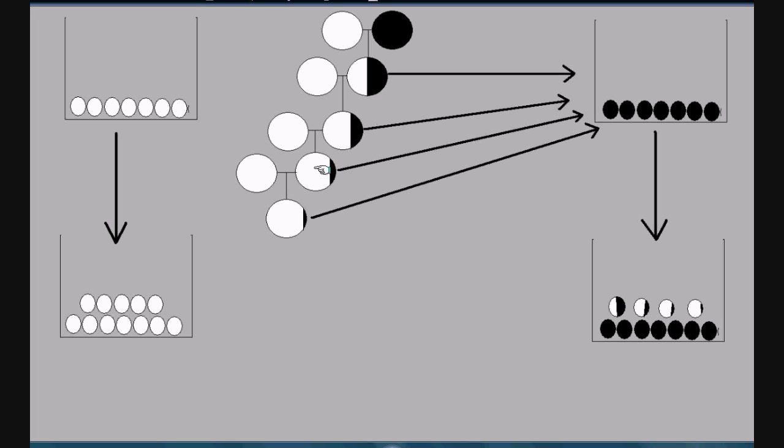Because of the one drop rule again, this individual will be classed as black. Now say this person has another kid with another pure white person and has a kid that is a 16th black. Because of the one drop rule again, this person will be placed in this box. So as you can see, from this black person all the way to this individual here, the white is increasing, the black is decreasing, but because of the one drop rule, all these individuals from here to here are placed in the black box.